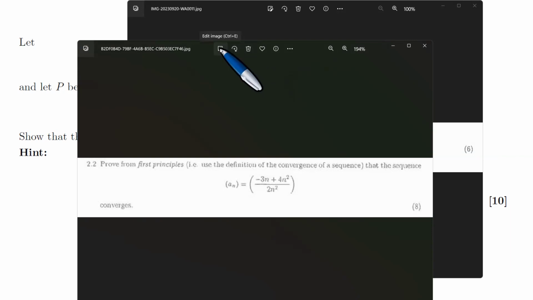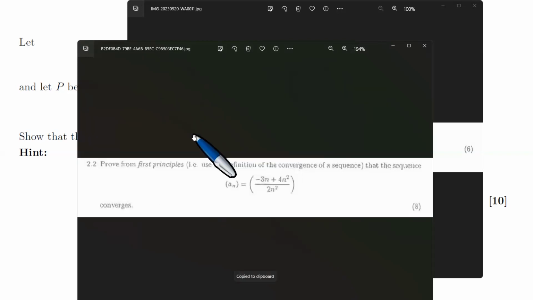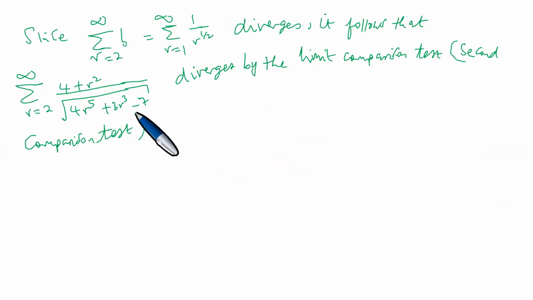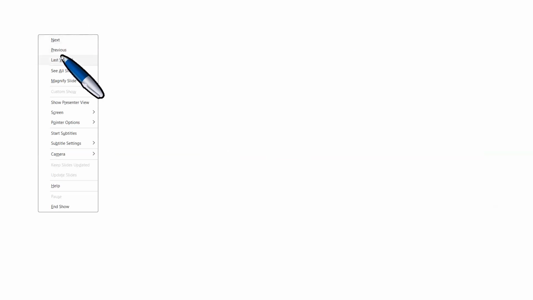One second. Okay, I'm going to copy it. And then we're good. Okay, let me put the question here. Let me put it here. It's okay.